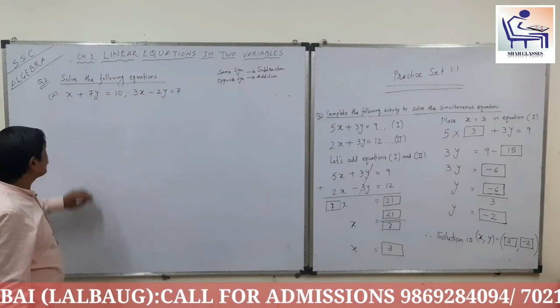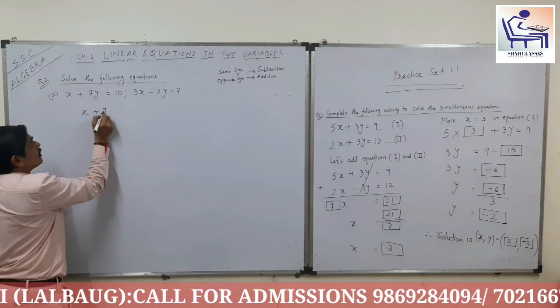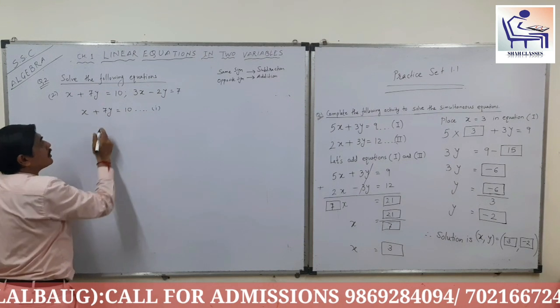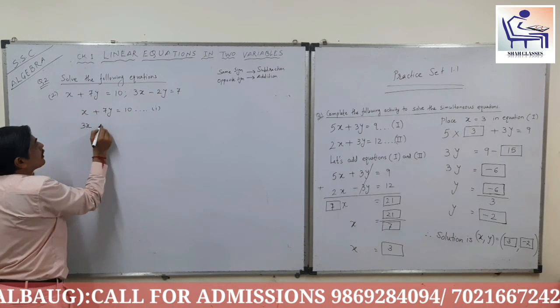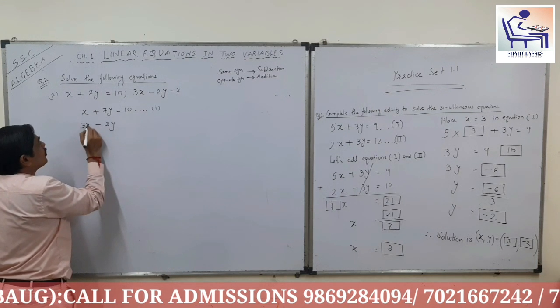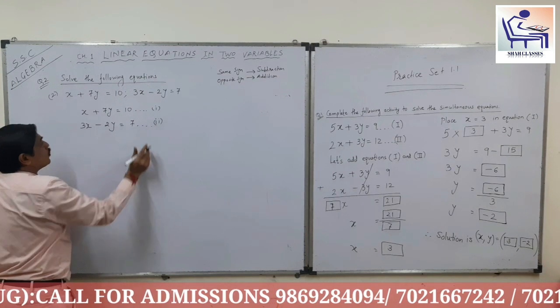So please remember now the steps. First of all, you give the equation number. So x plus 7y is equal to 10 is your first equation, and 3x minus 2y is equal to 7 is your equation number 2.